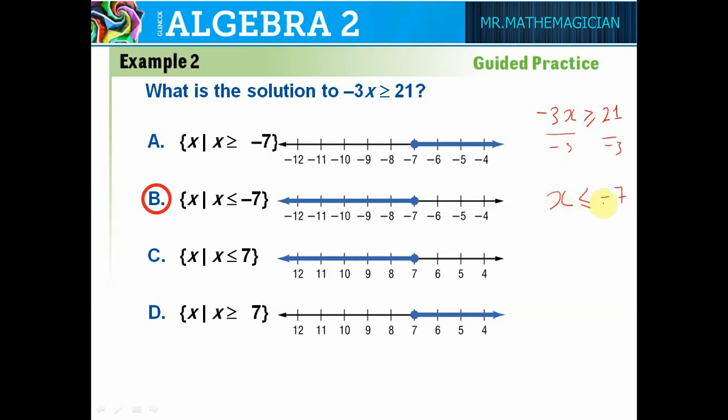So now you start exactly at negative 7 with a closed dot, moving to the left because x is smaller than. This can also be written as from negative infinity till we reach negative 7, closed. So the accurate choice is B.